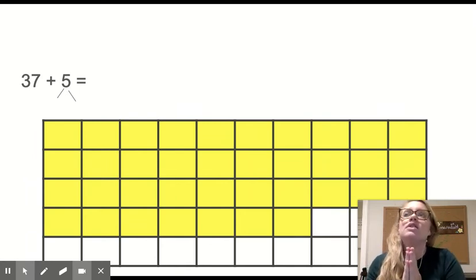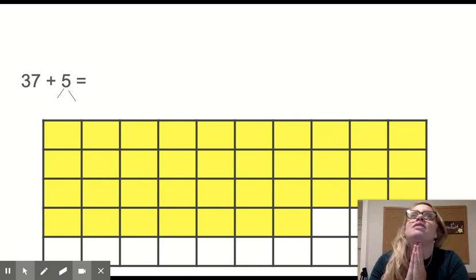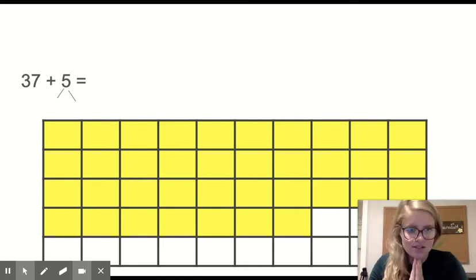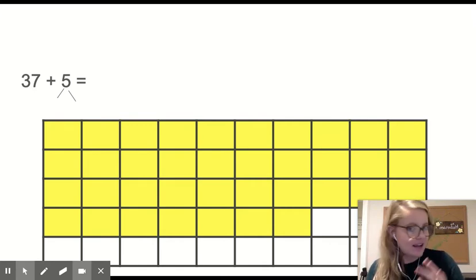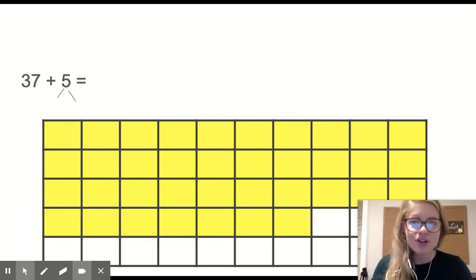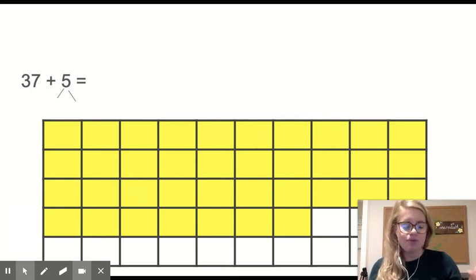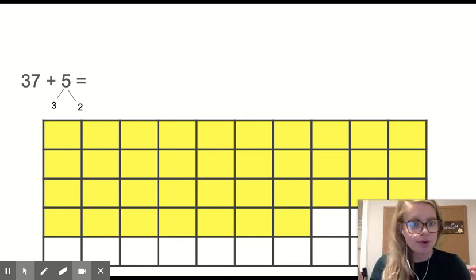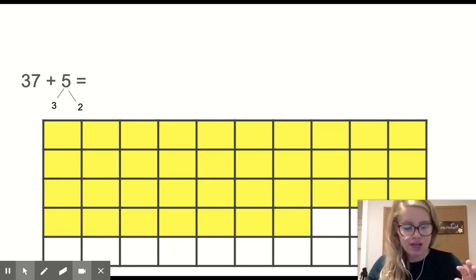So if you think in your mind's eye, what 2 tens is 37 in between? 30 and 40, good. Now, how far away from 40 are we with 37? That's right, we're 3 away from 40. So we need to break that 5 into a 3 and a 2.